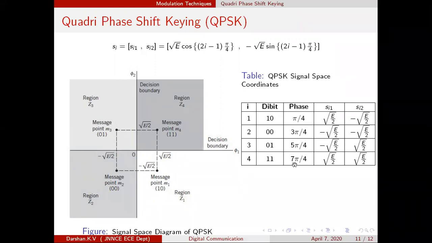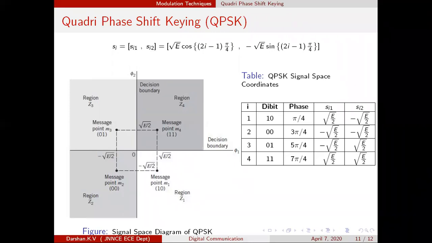The phases of the signals are written over here. And what are the vector representations? S1, S2, S3, and S4. What is the dimension of any vector Si? Si has dimension equal to 2. Why is the dimension equal to 2?